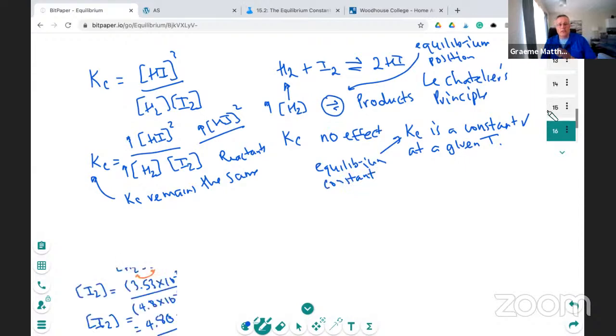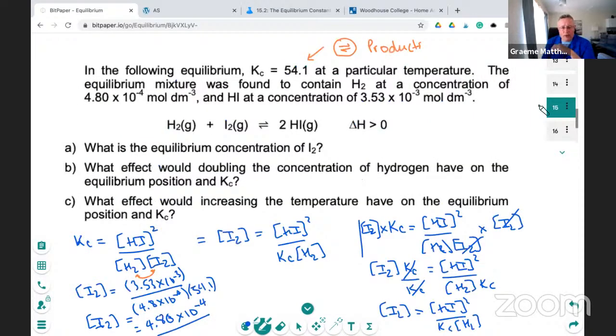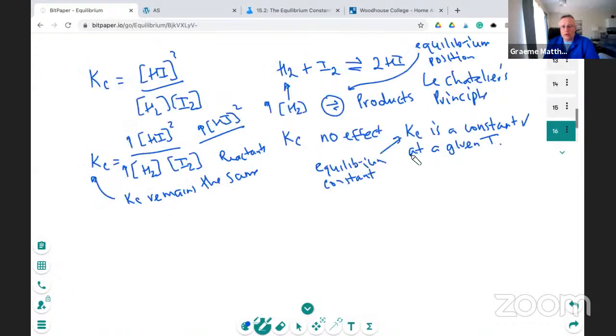Okay, next one. What effect would increasing the temperature have on the equilibrium position and Kc? By the way, they gave delta H is greater than 0, so that makes it endothermic. So I'm going to put my enthalpy on the right-hand side.